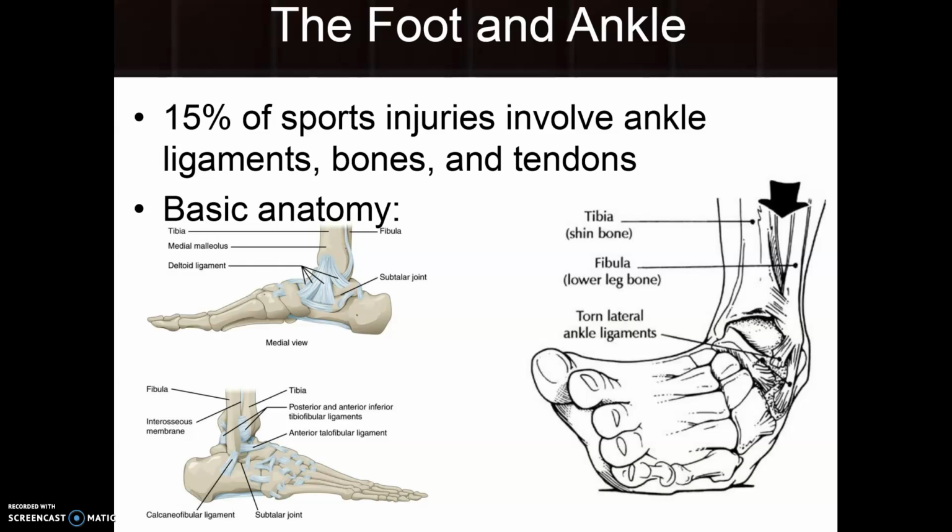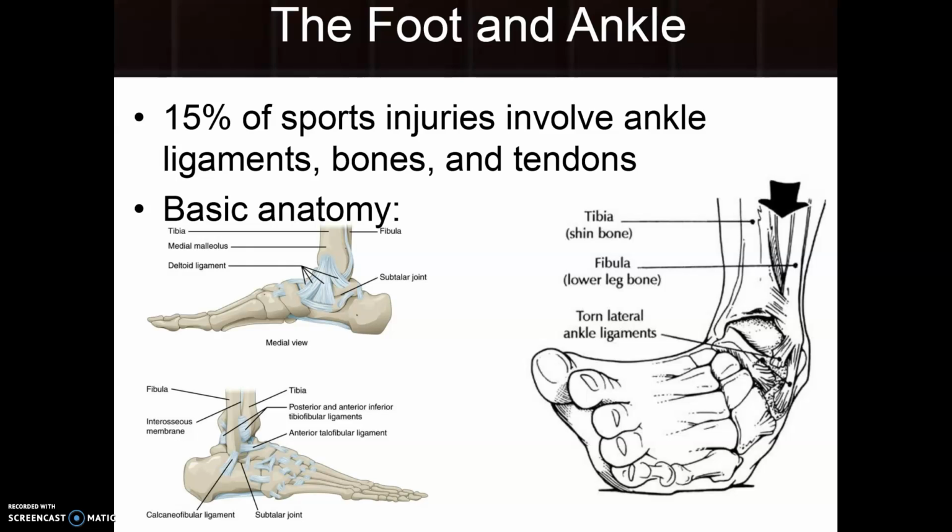Foot and ankle injuries generally occur based on the mechanics involved in the foot and ankle. Ground reaction forces have a lot of influence on the type of injuries that you'll see. 15% of sport injuries involve ankles, ligaments, bones, and tendons.